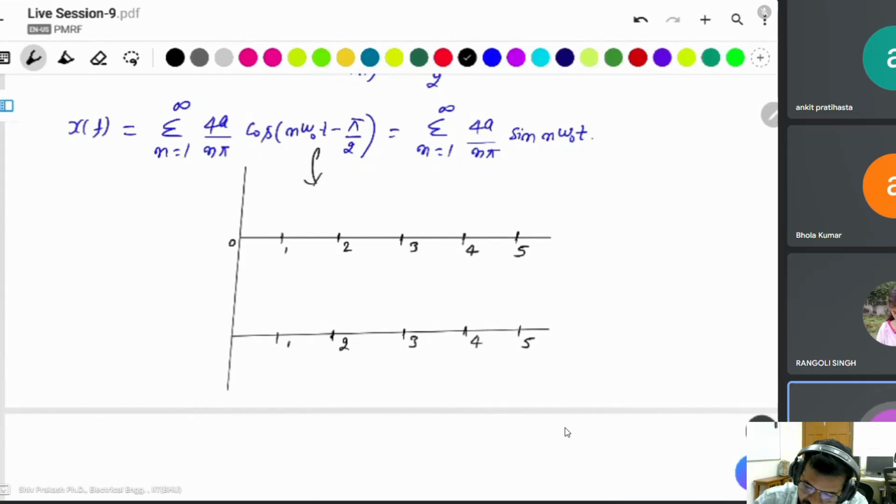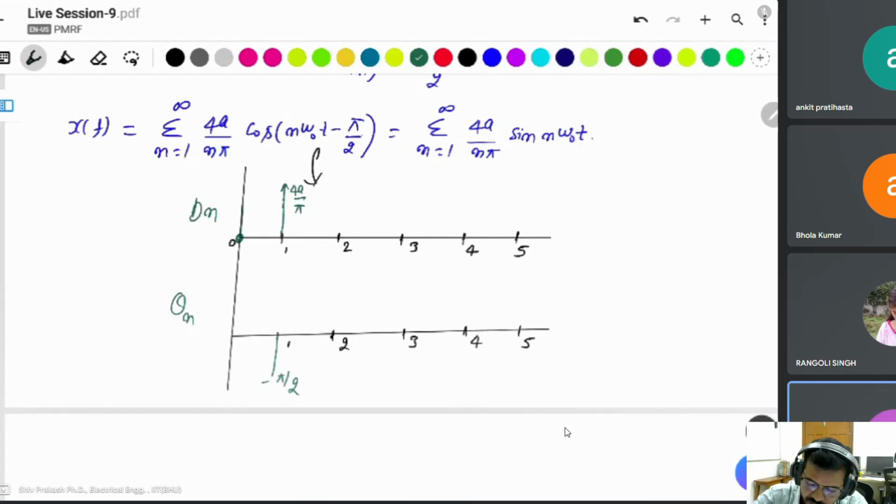For this representation, a₀ is 0, this will be dₙ, this will be θₙ. At n equal to 0, value 0. At 1, dₙ is 4A by π, and the angle is minus π by 2. This will be the same for all.